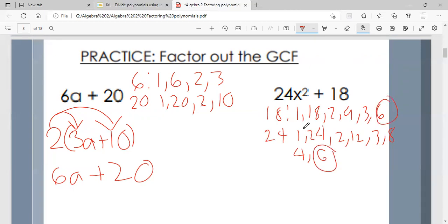The biggest number that both 24 and 18 have is 6. So pull out 6. 6 times blank gives me 24: 4. And don't forget, because I have the x squared, I have to put that inside the parentheses because it has nothing in common. Plus, 6 times blank gives me 18: 3. Just like that. These skills are going to build up to what we've been doing today.